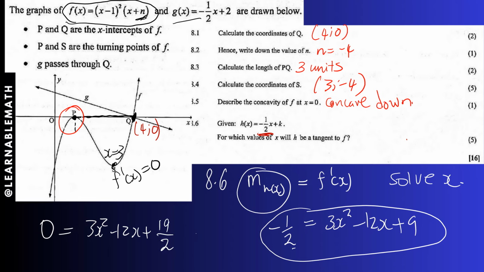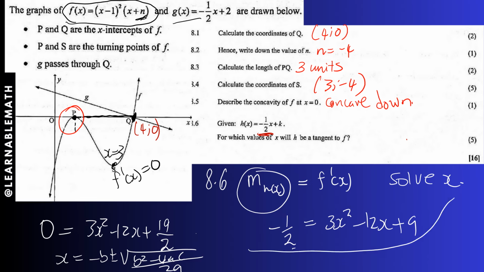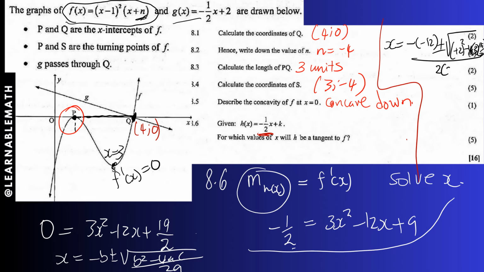Then you don't need to stress yourself. You can just use your quadratic formula to solve for x. So x equals minus b plus or minus the root of b squared minus 4ac, divided by 2a. We don't really have space, but I'm just gonna put it on top. Then we have x equals minus b, your b is negative 12, plus or minus the root of b squared, which is minus 12 squared, minus 4, a is 3, c is 19 over 2, divided by 2 times a, which is 3.